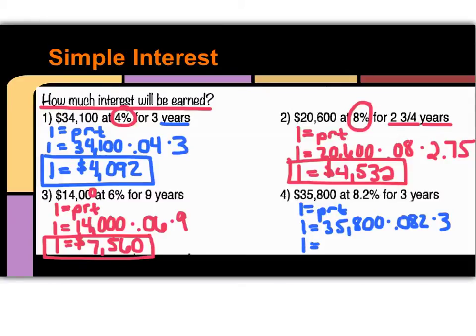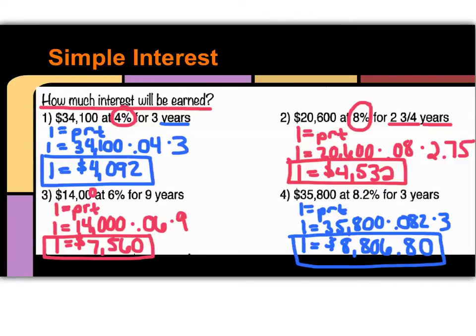If you type in 35,800 times 0.082 times 3, it'll give you an interest amount of $8,806, and it says 0.8 on your calculator, but that means 80 cents. Let's try the next thing.